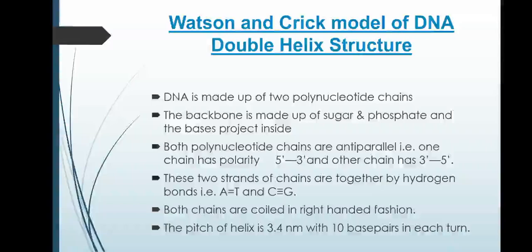Adenine always bonds with thymine with a double bond, and cytosine always bonds with guanine with a triple bond. The pitch of the helix, that is one turn, is 3.4 nanometer, which contains 10 base pairs in each turn.